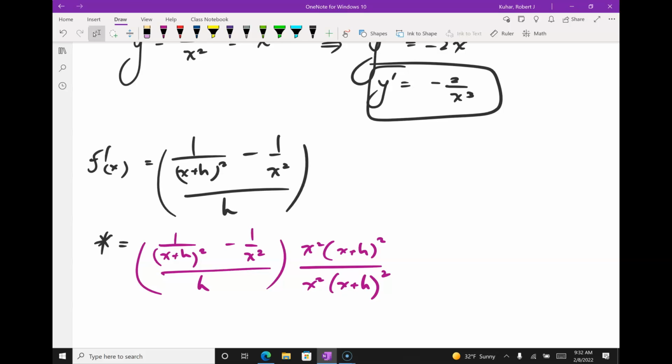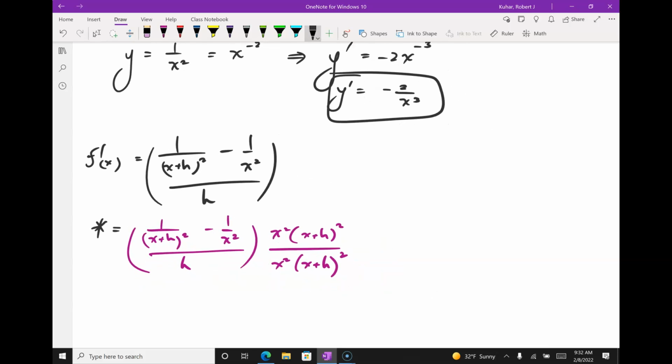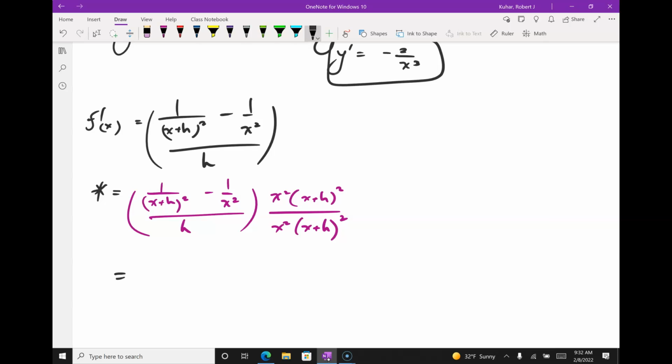Yeah, you can get an LCD, but this is so much quicker. I'm not going to mark you wrong if you get a single fraction upstairs and then do keep, change, flip. But I'd rather you do it this way because of what's coming. So I get x squared over x plus h quantity squared over x plus h quantity squared. I'm distributing it into numerators, right?